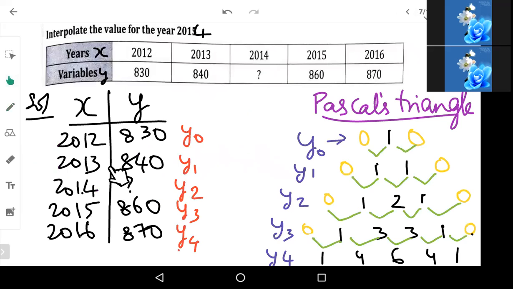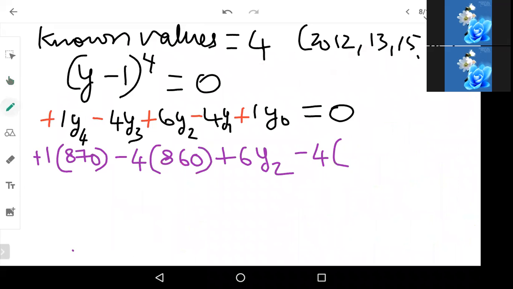In the place of y1, you have 840. And in the place of y0, there is 830. So in the place of y1, we will write 840. In the place of y0, we write 830, is equal to 0.